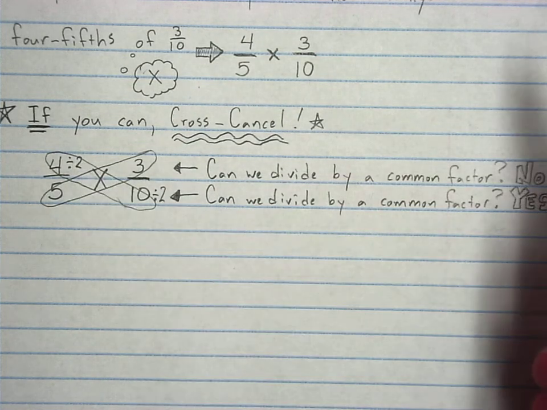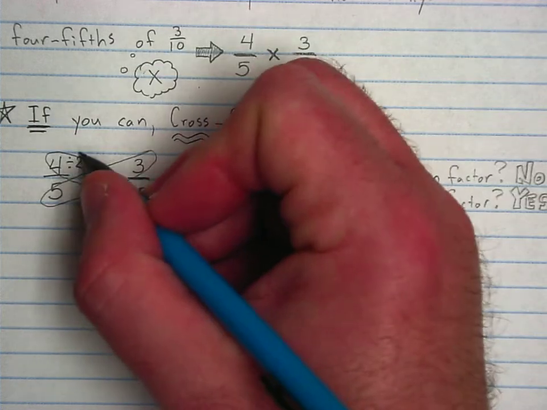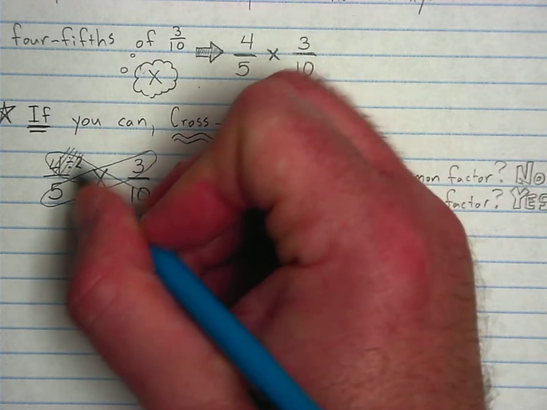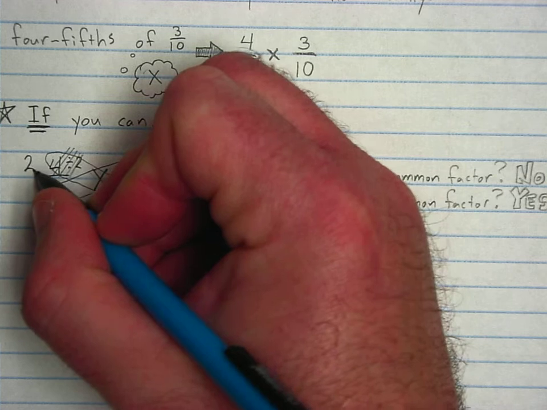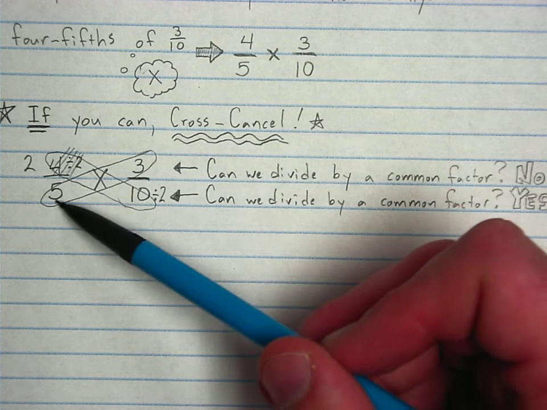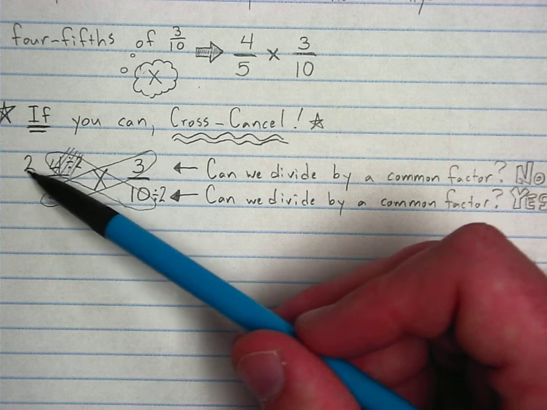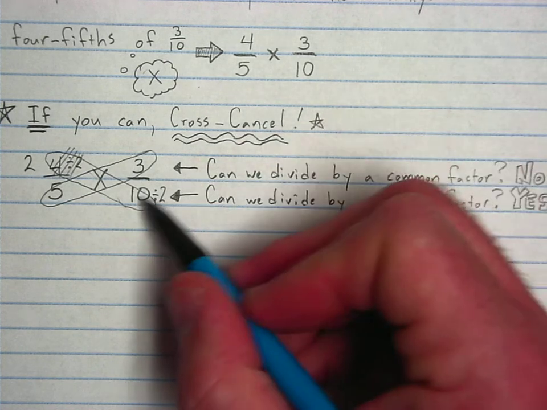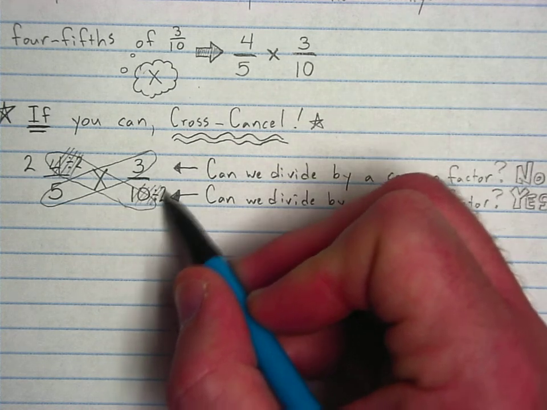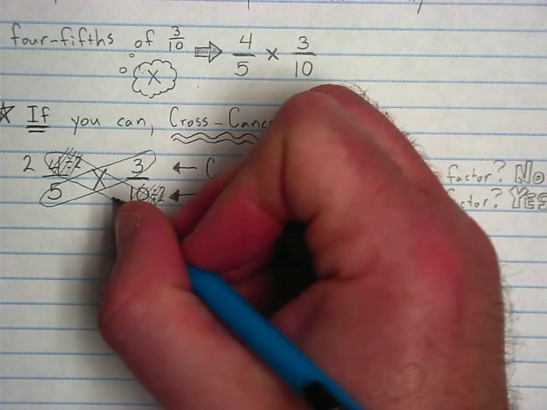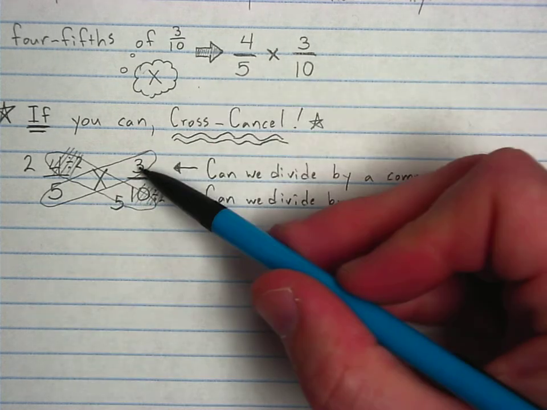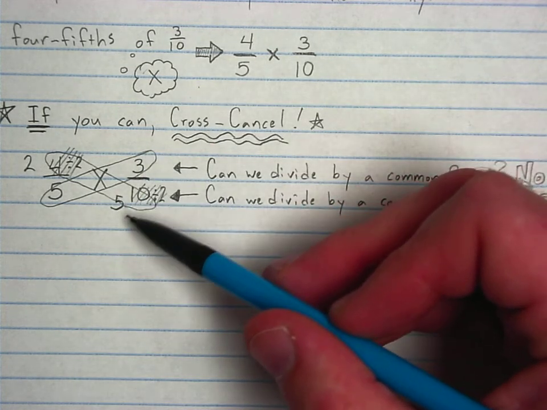4 divided by 2 is going to make 2. So now instead of 4 over 5, 4 divided by 2 gives me 2 over 5. 10 divided by 2 will become 5. So instead of 3 over 10, now it's 3 over 5.